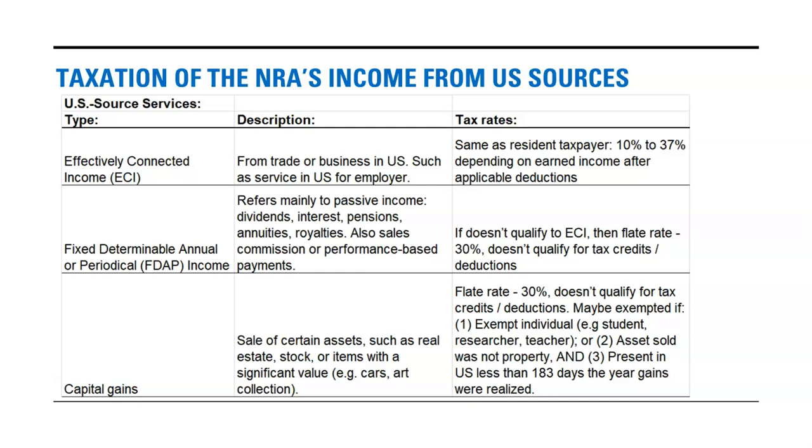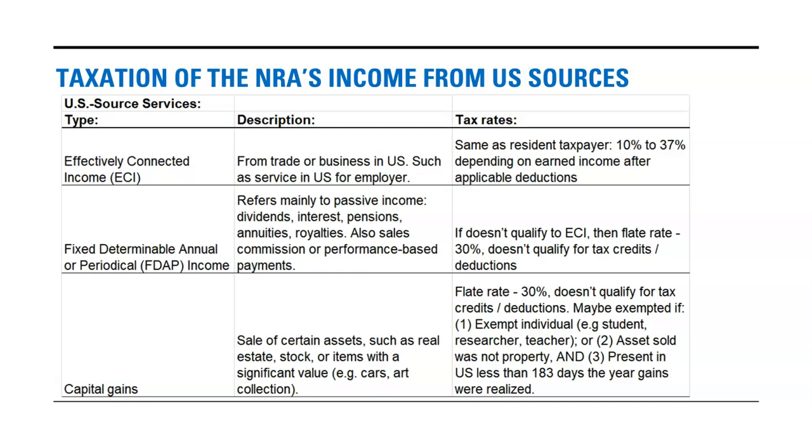The second type of income is fixed, determinable, annual or periodical income, or called FDAP. This is passive income, such as dividends, interest, pensions, annuity, royalties. And the rate is a flat rate, 30%, and does not qualify for tax credits or deductions.